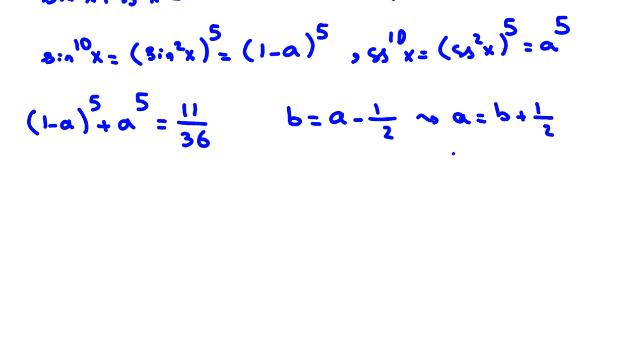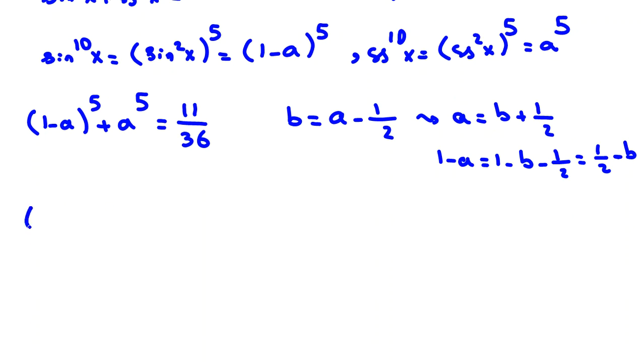So a is this, and 1 minus a is 1 minus b minus 1 half, so it will be 1 half minus b. It's good because the sum of them is again 1, with 1 half minus b and 1 half plus b, and many terms will be cancelled. So this change of variable is useful.